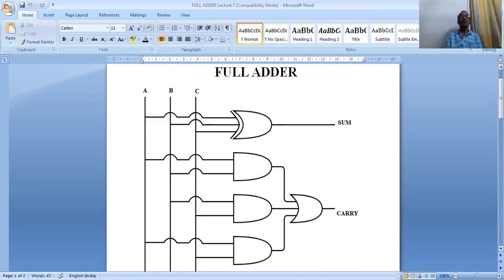B is connected by overlapping C to the first AND gate. That means A and B inputs are given to first AND gate.